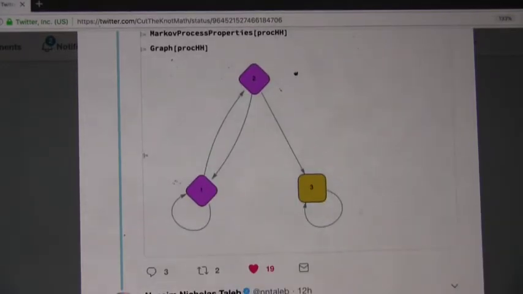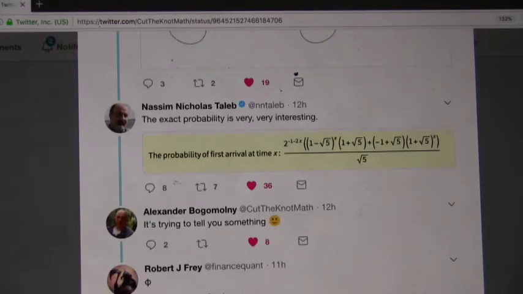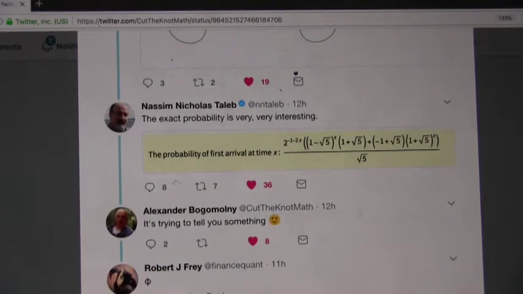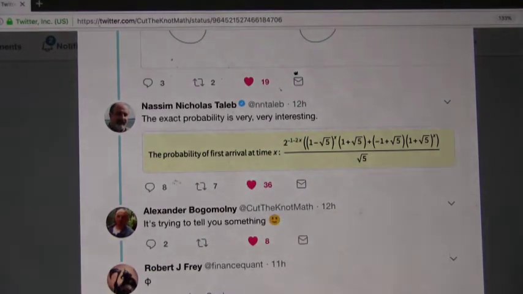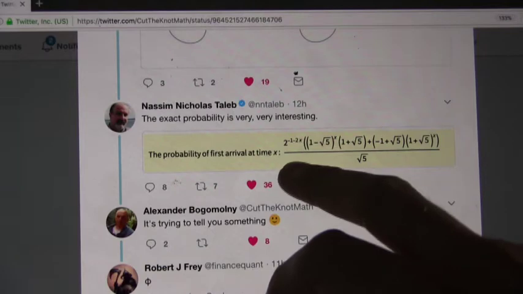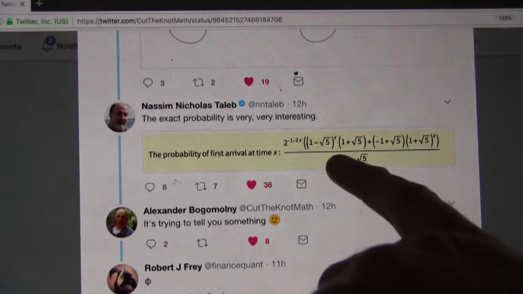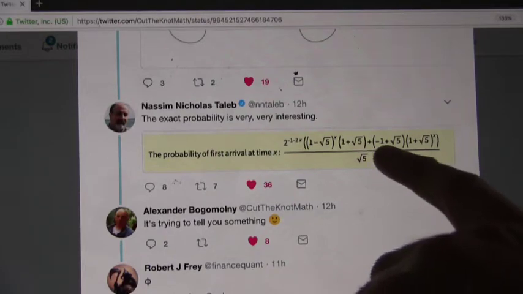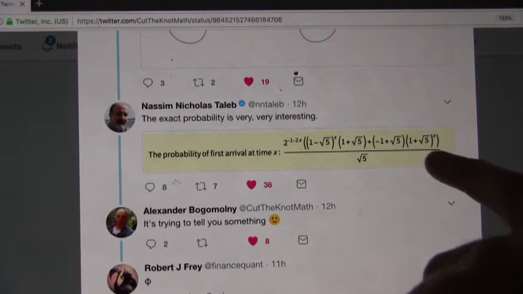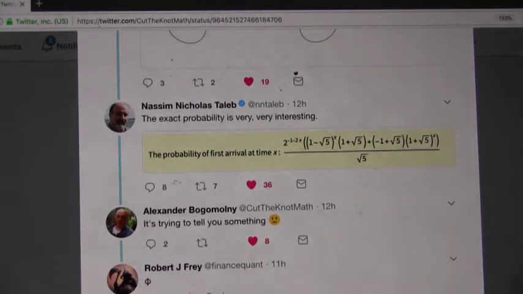So he did some Markov chains, but the interesting thing is he got this formula for the stopping time at time x. Is that displaying okay? Yeah, hopefully. 2 to the 1 minus 2x times (1 minus root 5) to the x times (1 plus root 5), plus (negative 1 plus root 5) times (1 plus root 5) to the x, all over root 5.